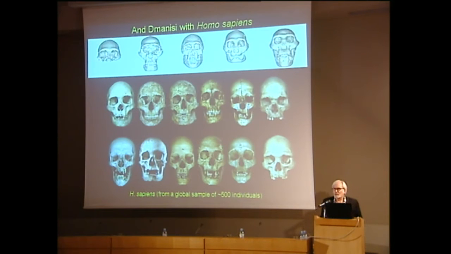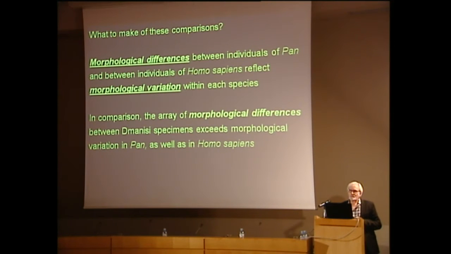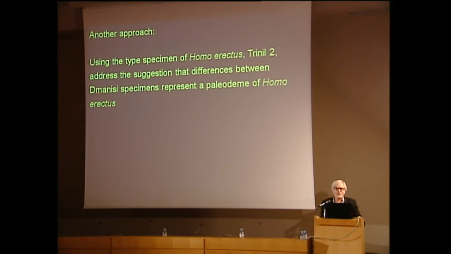And comparing this then with the Dmanisi specimens, I would again suggest that the differences amongst the Dmanisi specimens exceed the differences that we see in this global representation of Homo sapiens. So that's exactly what I said. I think the morphological differences of individuals with Pan and Homo sapiens do reflect morphological variation, and the differences amongst the Dmanisi specimens something else.